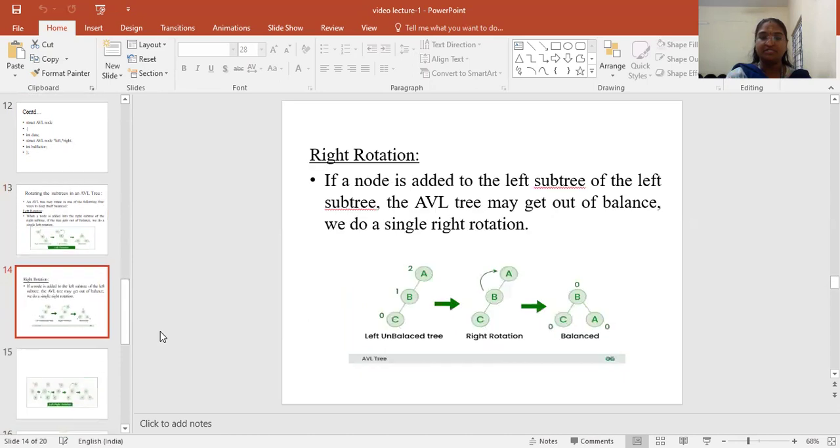Now coming towards the right rotation, the vice versa of a left rotation. Here in the right rotation, the values will be added as a child to the left side. Now there are zero children at the right side. To balance that, the same thing will take place, but in the opposite direction, in the clockwise direction.